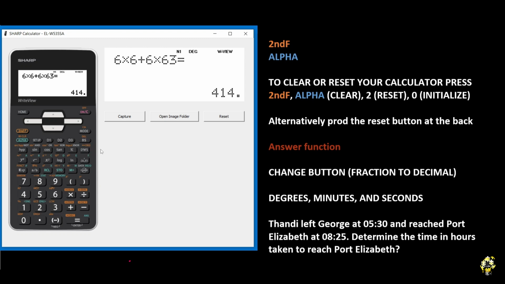No, you can just use the same by just saying plus. You see, it will originally write Ans, meaning what you had on your screen, which is 414, plus 1, now I should get 415. Comes in handy when we go to data handling. And also let's go to the change button.